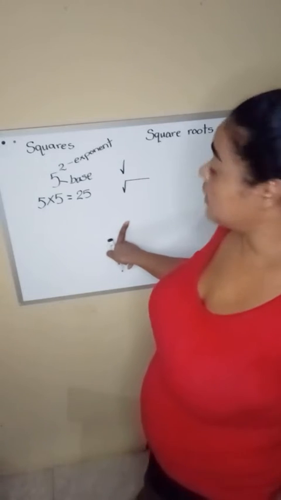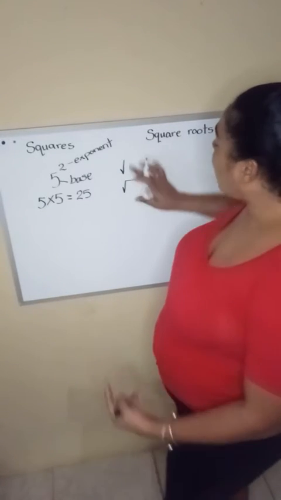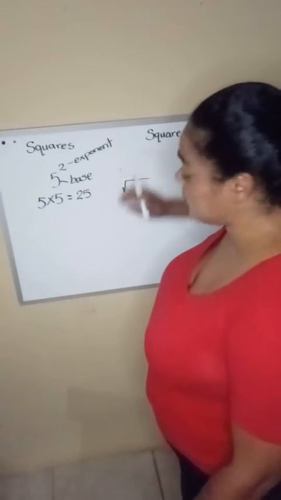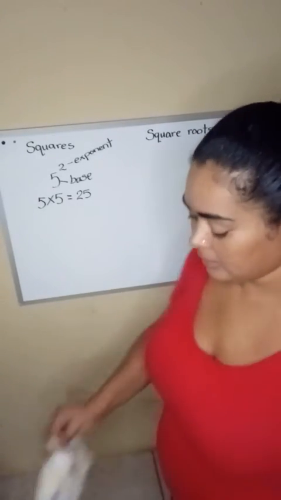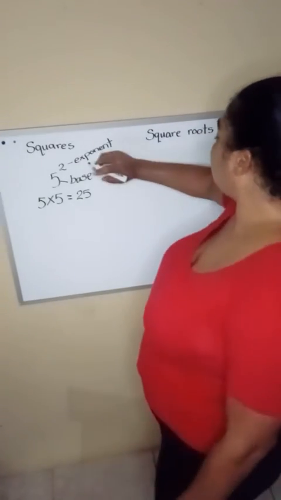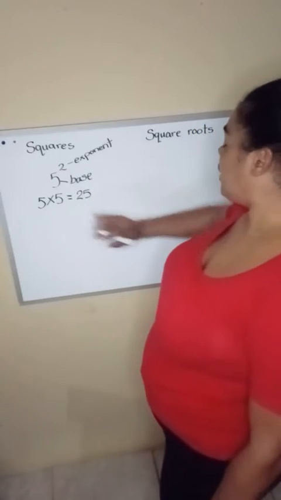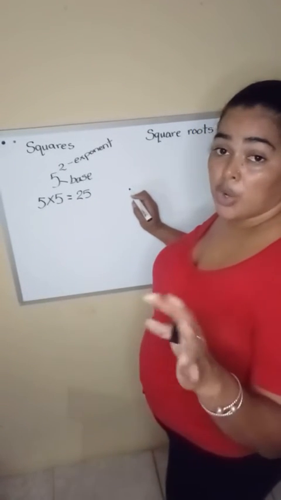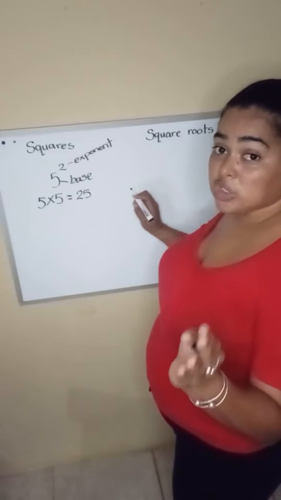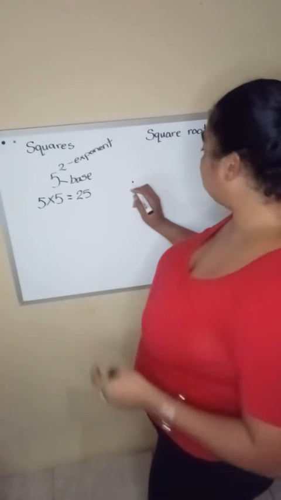Okay? Now, if you have, let's say, the number, we're going to use the same 25 here so you can see exactly the relationship between square and square root. Okay?